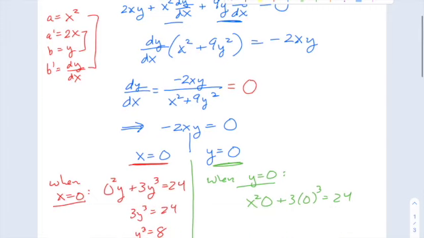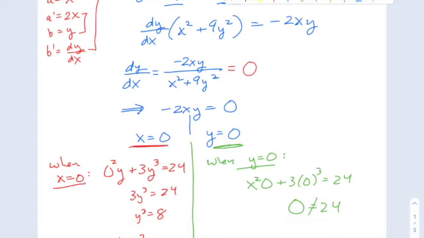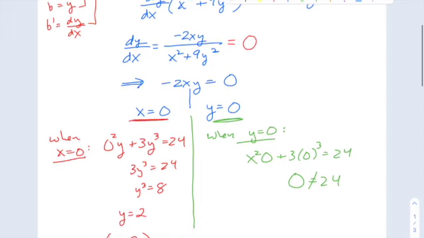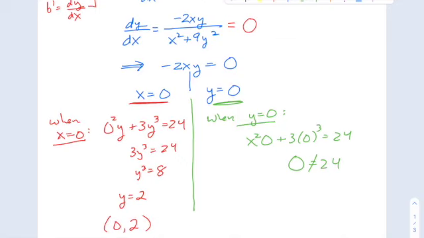And as you'll see from that, that means you get 0 plus 0, which is 0, equals 24. And that is never true. There's no solution. So that just means that doesn't yield a solution. So that's telling you y is never even 0 on this curve in the first place. So your only solution is the point 0, 2.